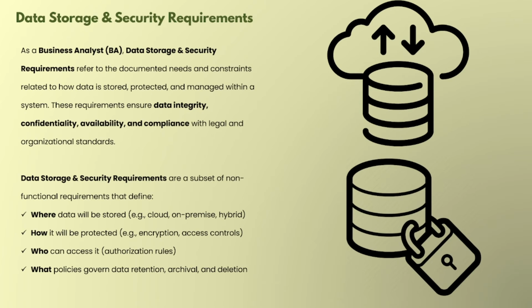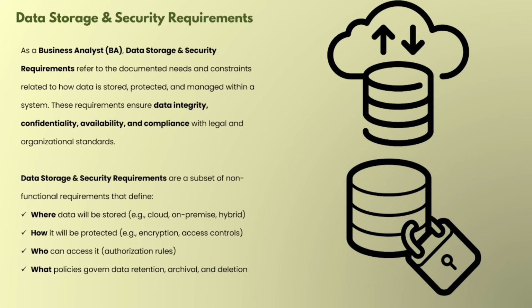And on this basis, as a business analyst, we gather the requirements, like data storage requirements and data security requirements, and it is a subset of non-functional requirements. Here we only think about how it works and not about what the system does. Means it is not a functional requirement, it is purely a non-functional requirement.